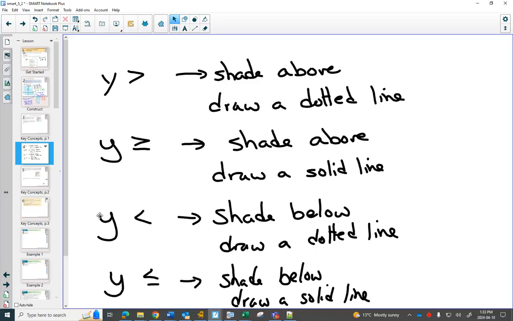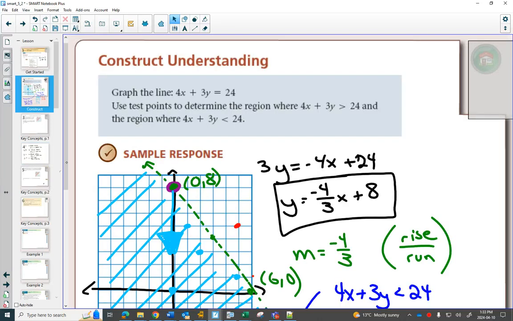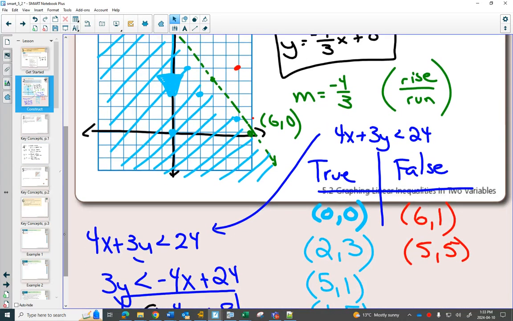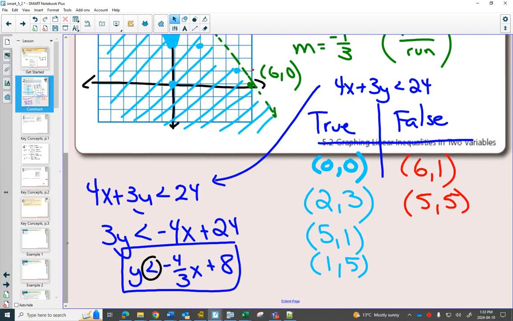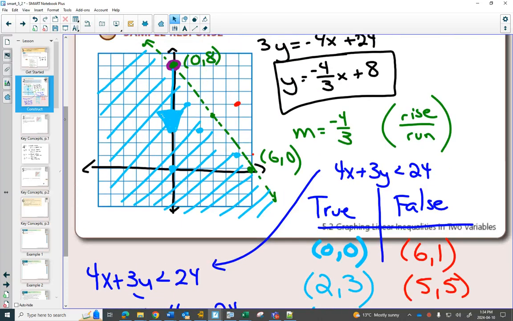So this is if you have the y by itself, this is a shortcut for deciding where to shade. In the one that we looked at, we rearranged to get y by itself. Here it is in the blue box, and we had y is less than. So we could take any point on that line and shade below, and that's why it's underneath the graph, okay?